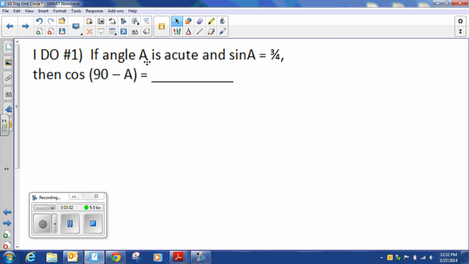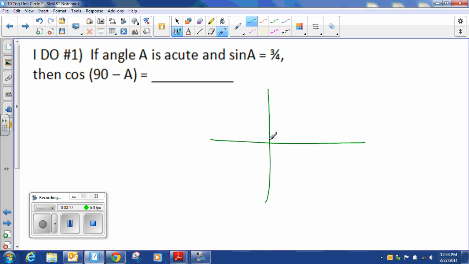All right, let's take a look at number 1. If angle A is acute and sine of A equals 3/4, then cosine of 90 degrees minus A equals what? All right, let's draw our unit circle, and well, let's just draw the axes, and we'll draw angle A. So here's our right triangle, and we know that sine of A is 3/4.